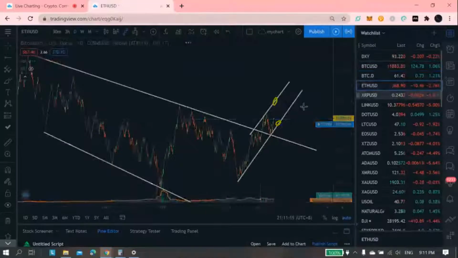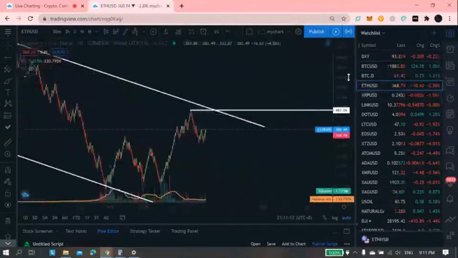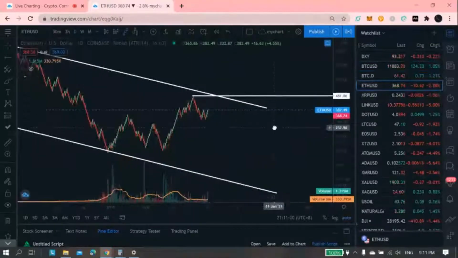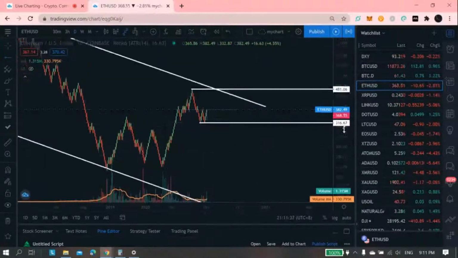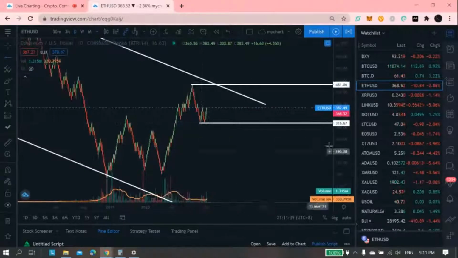So I'm still undecided for Ethereum. Actually, I'm waiting for it to break this 480 plus, or possibly around the 500 area. And of course, the support I'm currently looking at is 316.